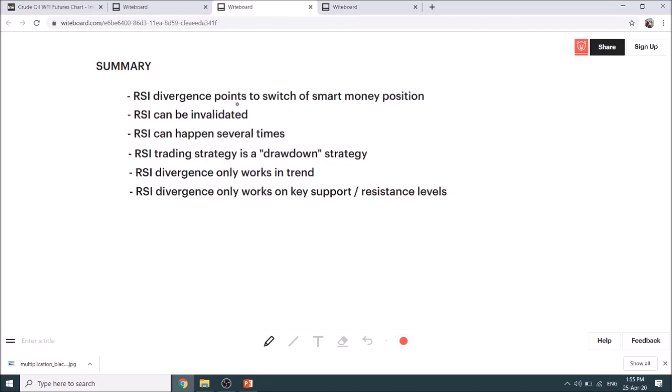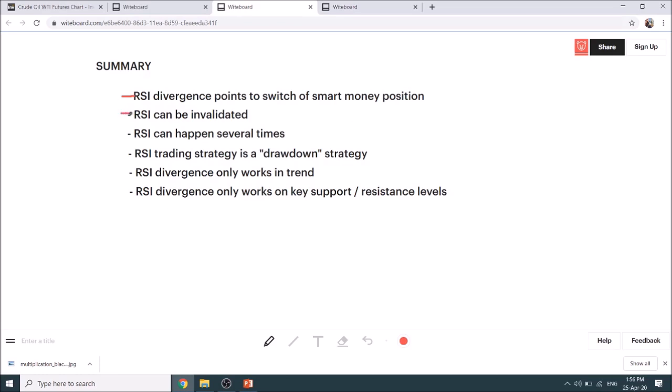The RSI divergence is pointing to a switch of the smart money position, for the reason I explained, because the loss of momentum can potentially be due to smaller funds buying or selling into the trend. But the large funds, the big players, would have already started to switch position.